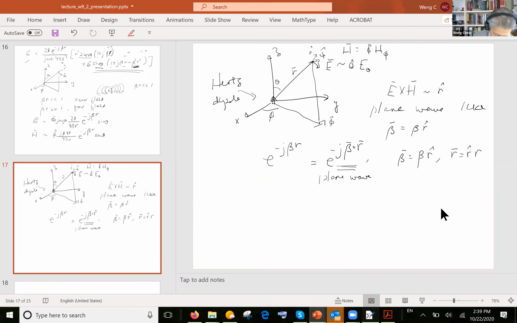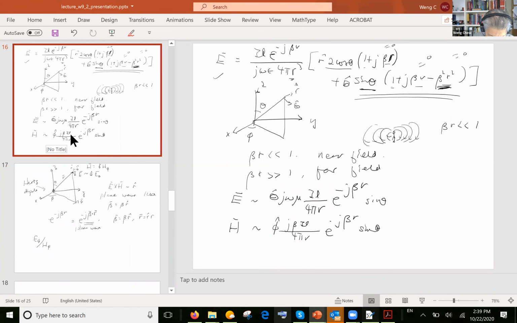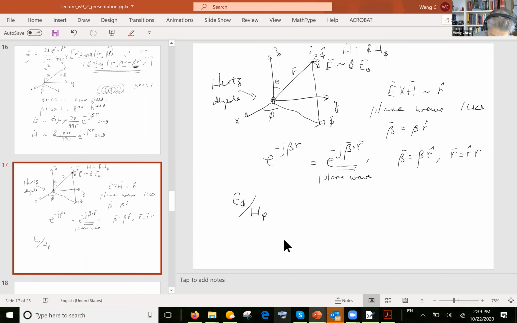And what is more important is that if you take E theta over H phi that you have derived here, you divide these two constants, they look like those of a plane wave as well. It would be j omega mu over j beta, the other factors being the same.